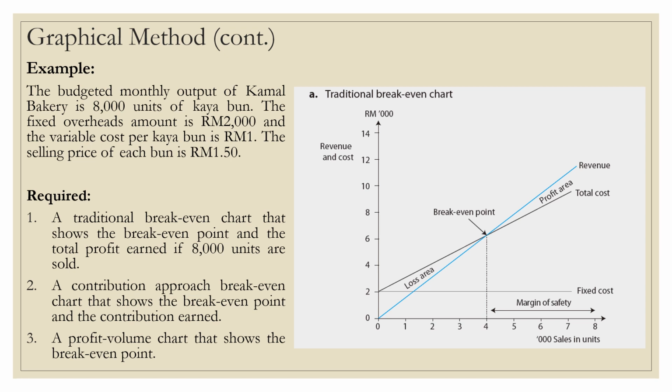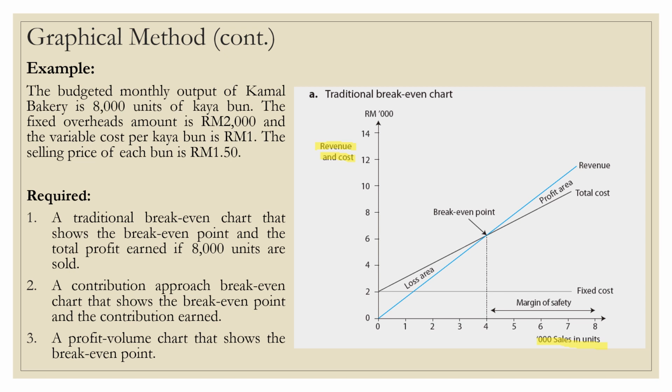So in order for us to plot the graph, as you can see here, the vertical axis represents the revenue and costs, while the horizontal axis represents the level of activity, or the production and sales, so sales in units.